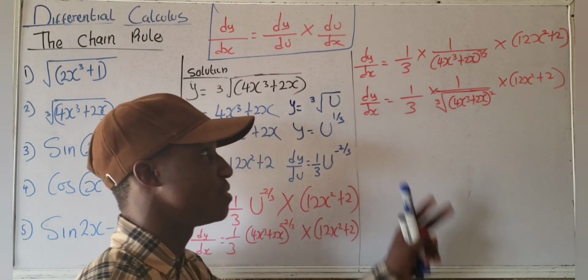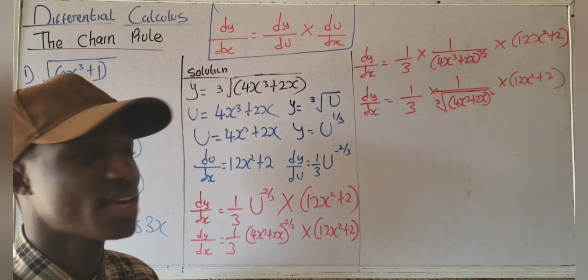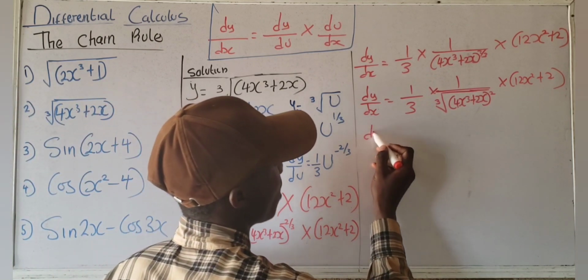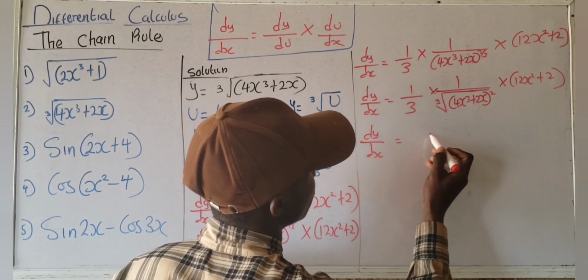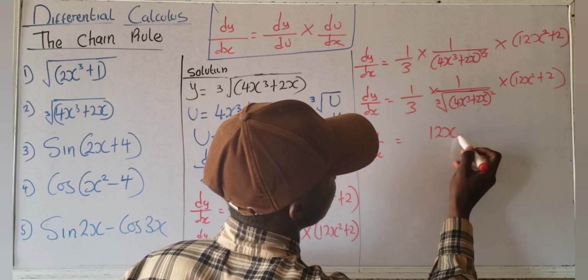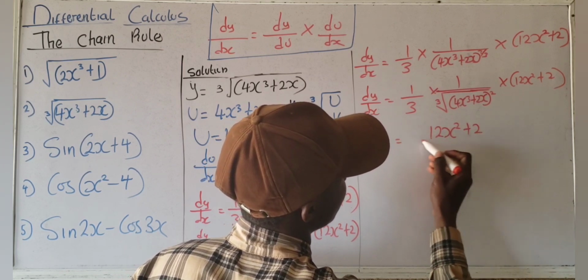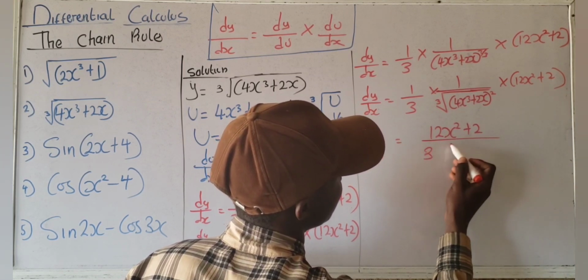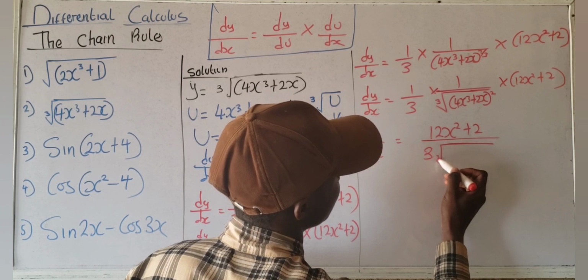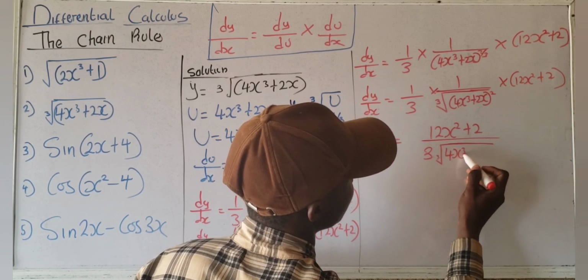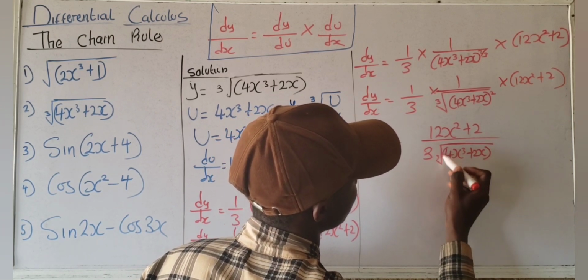See, we are done with the differentiation. I'm just simplifying it. So here I'm going to have dy over dx equals 12x raised to the power of 2 plus 2 all over 3 cube root of 4x raised to the power of 3 plus 2x raised to the power of 2.